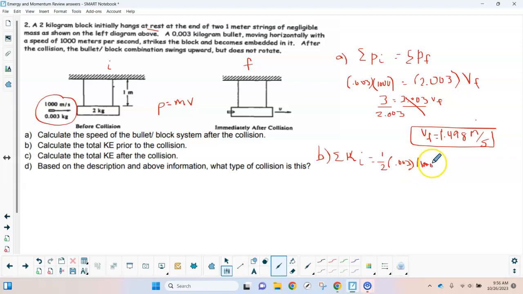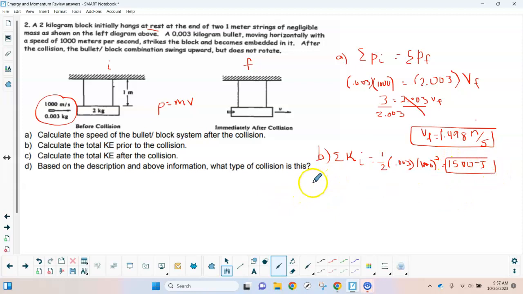Because it's going so fast, it has a lot of kinetic energy. That's why bullets are dangerous. Make sure you square that 1,000. And when you do that, you'll get a number like 1,500 joules of energy. So 1,500 joules is the amount of energy that the system has in the beginning.